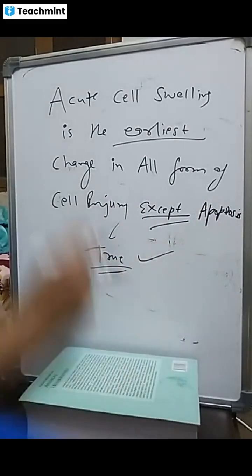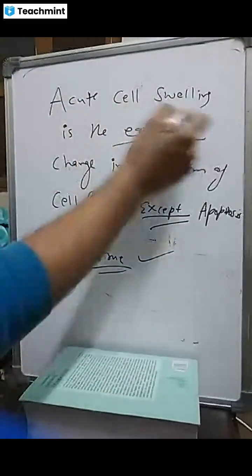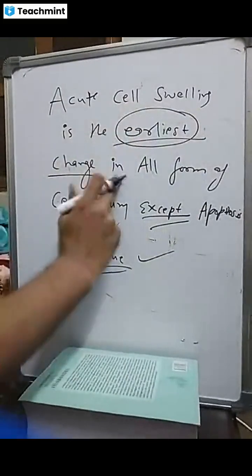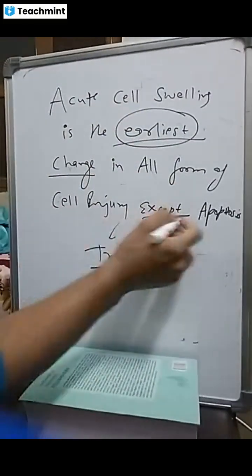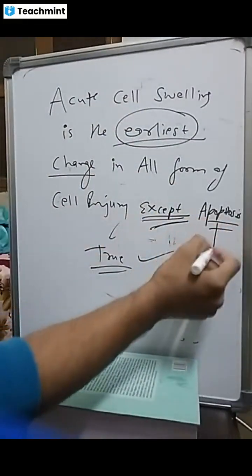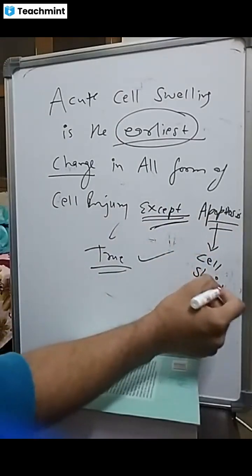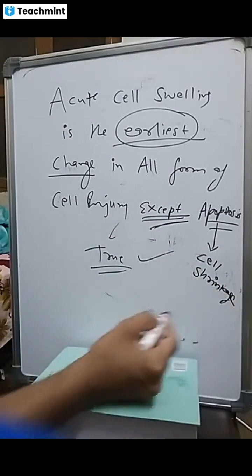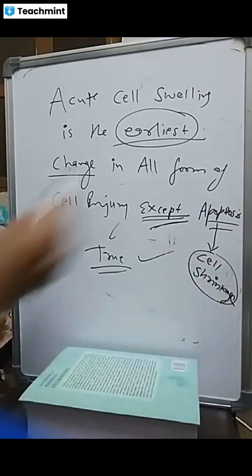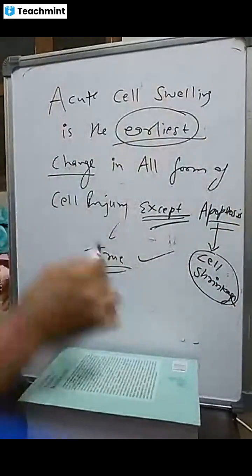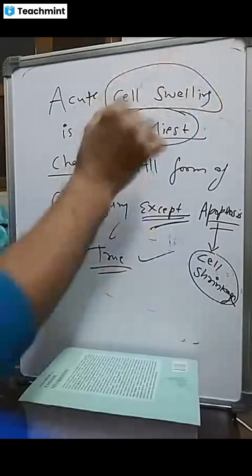What happened here? Here happened cell shrinkage. And in all other forms, it is cell swelling.